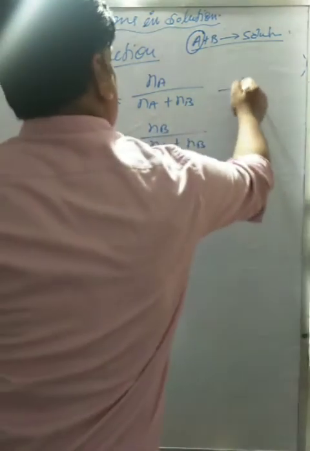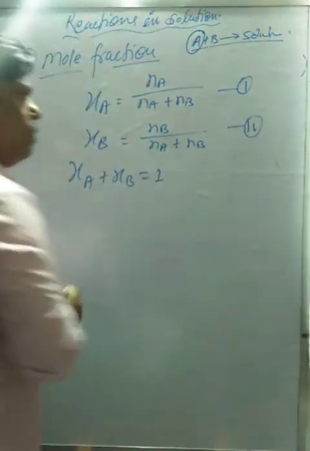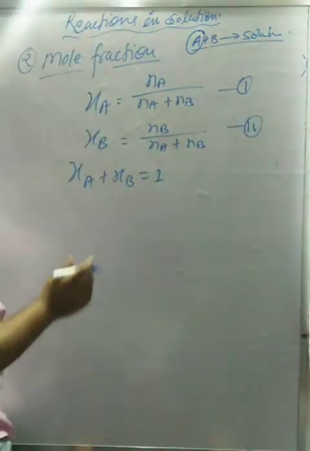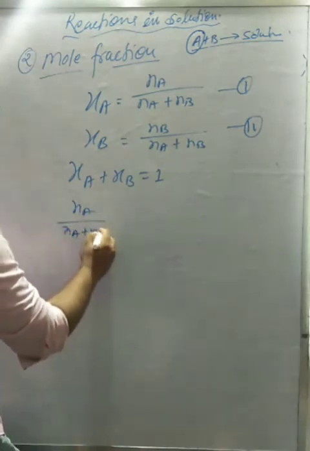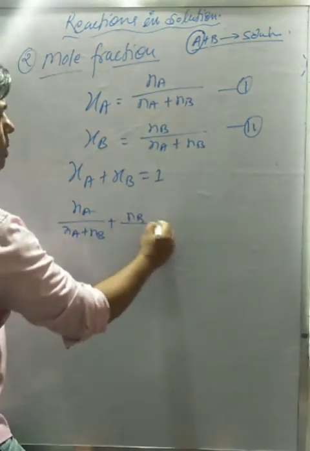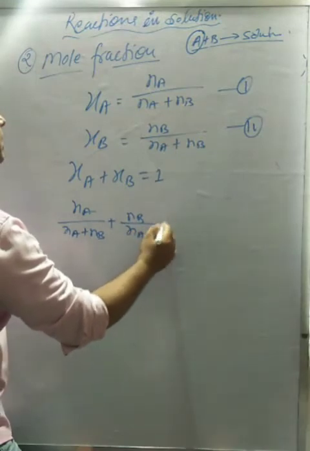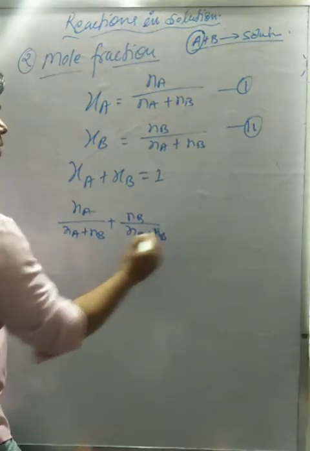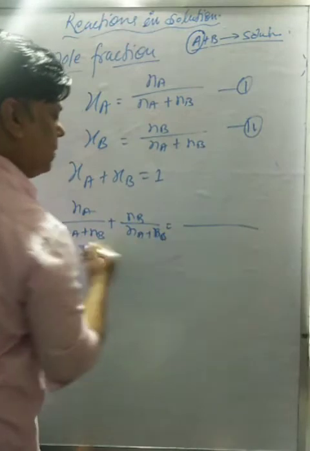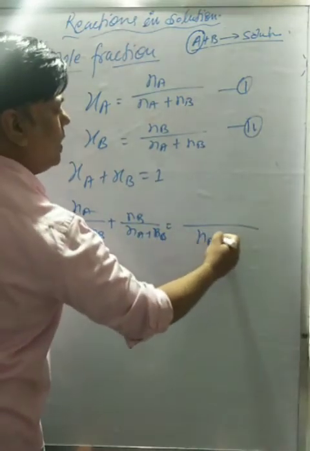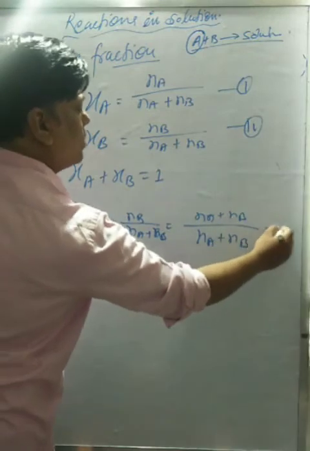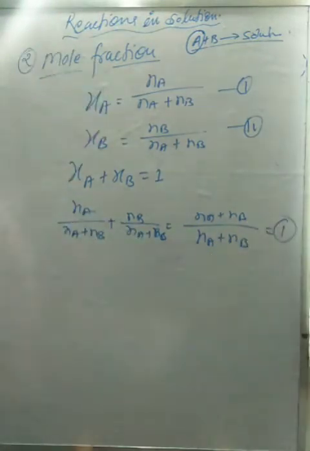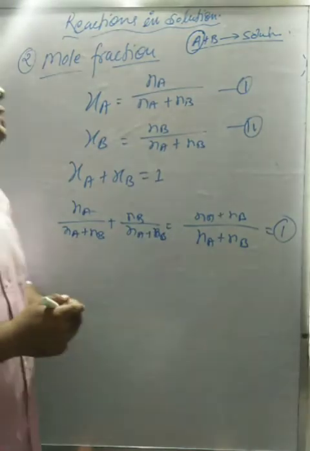Suppose it's equation 1 and it's equation 2. On adding equations 1 and 2, Na upon Na plus Nb plus Nb upon Na plus Nb. The denominators are the same, Na plus Nb, Na plus Nb, so that is equal to 1. Okay, that is our second term.